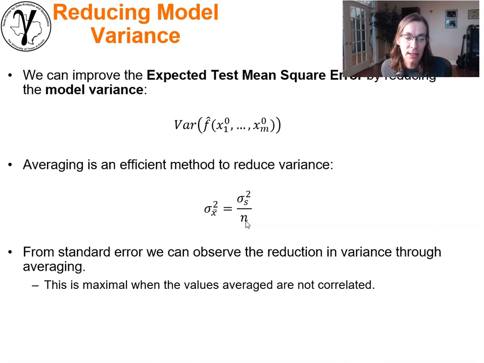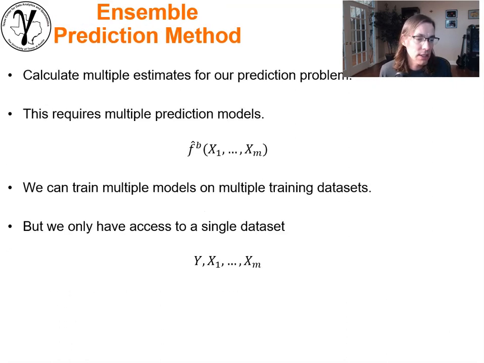And so what it tells us is that when we average samples together, we're going to reduce the variance. And we should also acknowledge that this effect is at a maximum reduction that we see here from theory if the individual values that we're averaging are not correlated with each other. If there was a strong degree of correlation, we would not realize this decrease in variance. Okay, so those are important concepts.